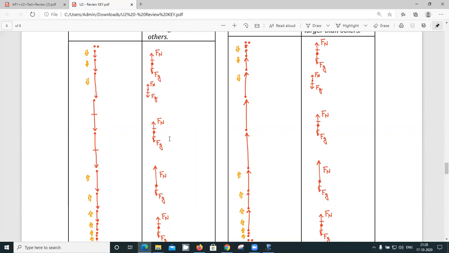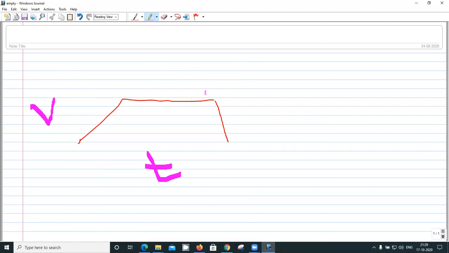Because at that spot, the elevator isn't moving, or it's moving at a constant acceleration. See, Fg minus Fn equals m into a, and the value of a is 0. So the acceleration is 0. This part, right?